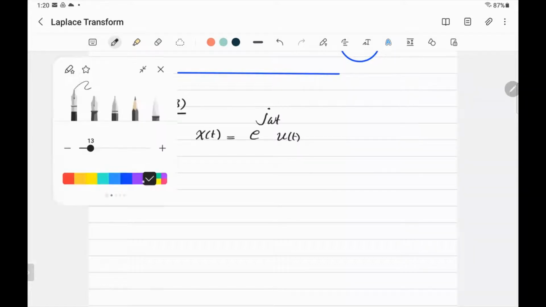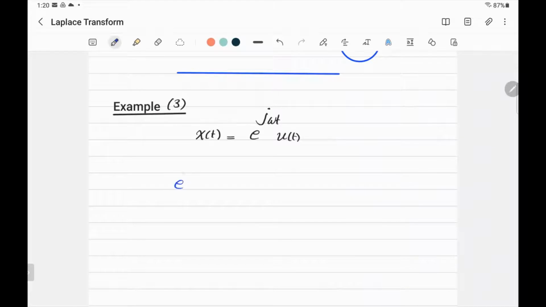We got e to the power of minus a t u(t). We just did that, and we found the Laplace transform was 1 over s plus a. That's why I use that in the Fourier transform, so you can remember this example. Now, if you compare, minus at equals j omega t, t cancels t, so a is minus j omega.